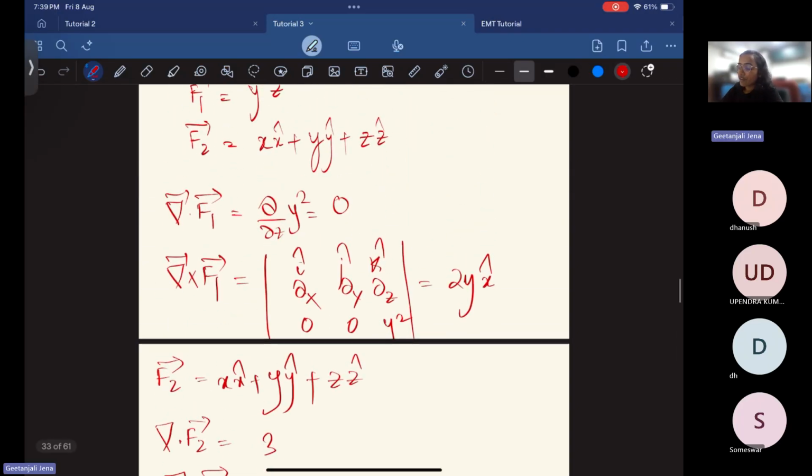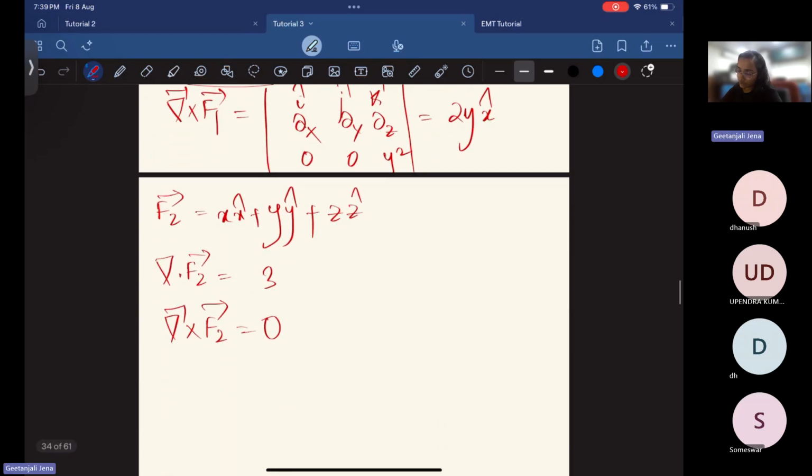You can see here for F1, the divergence of F1 is 0. And you know the divergence of curl is 0, right? So that means you can write F1 as a curl of some vector potential, let's say A. And for F2, curl of F2 is 0.